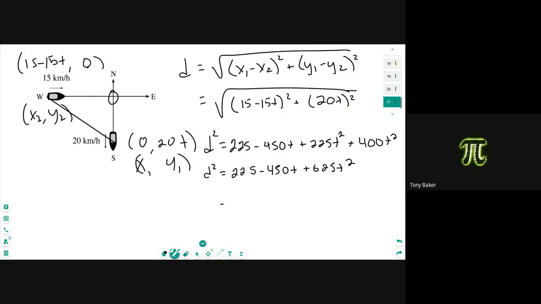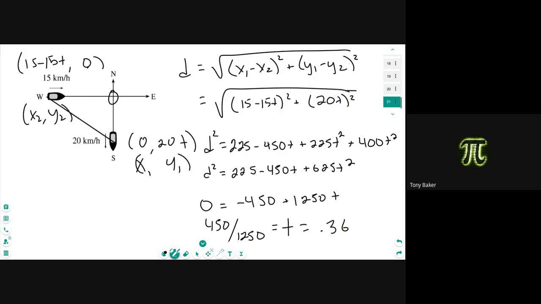Take the derivative. And set that equal to 0. So it comes out to be 0.36.